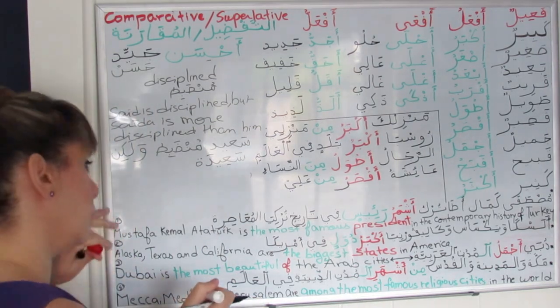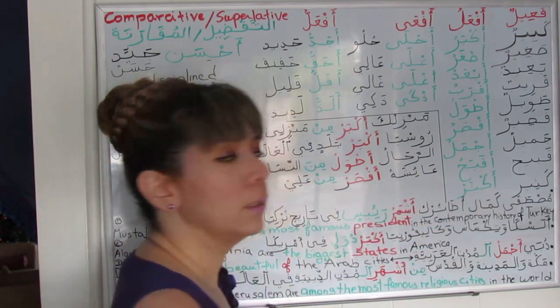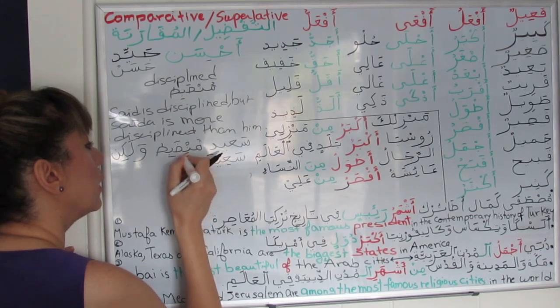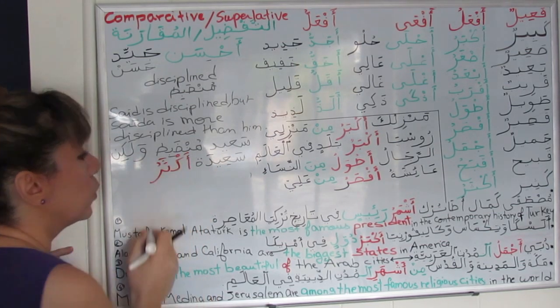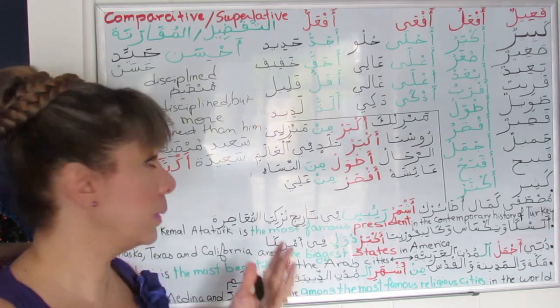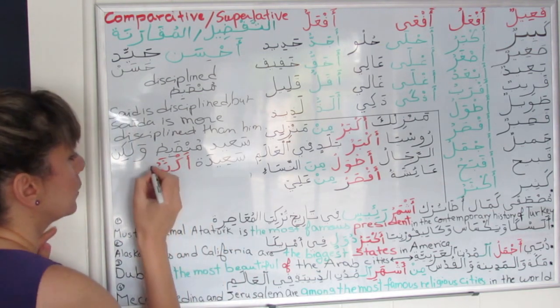So for more, we will use أكثر. Remember we say أكثر, it's more or most. So سعيدة أكثر, followed by the verbal noun of disciplined, منضبط, انضباطا.